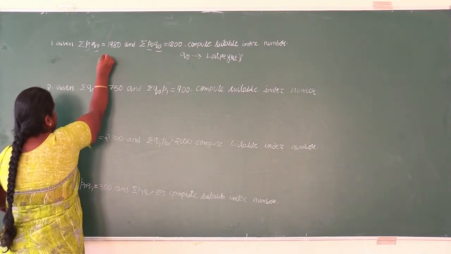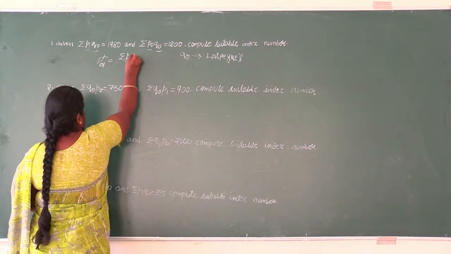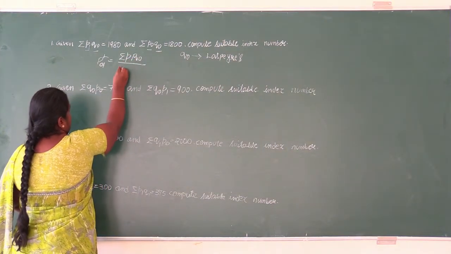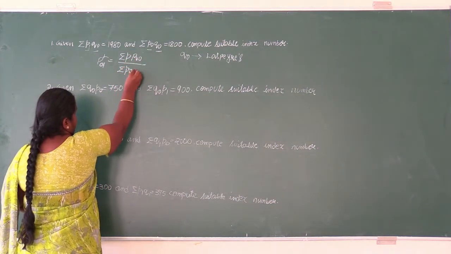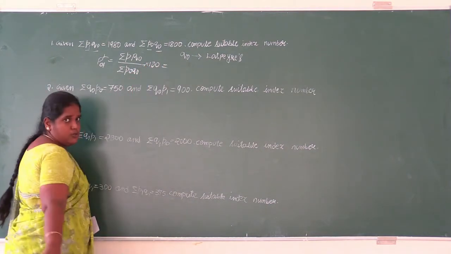So last year's price index number is sigma P1 Q0 divided by sigma P0 Q0 into 100. Now substitute in this.